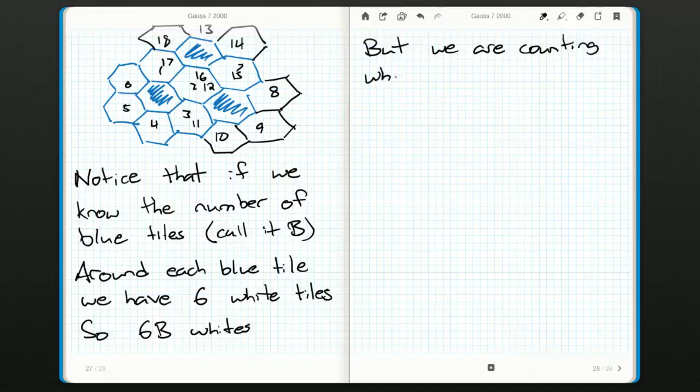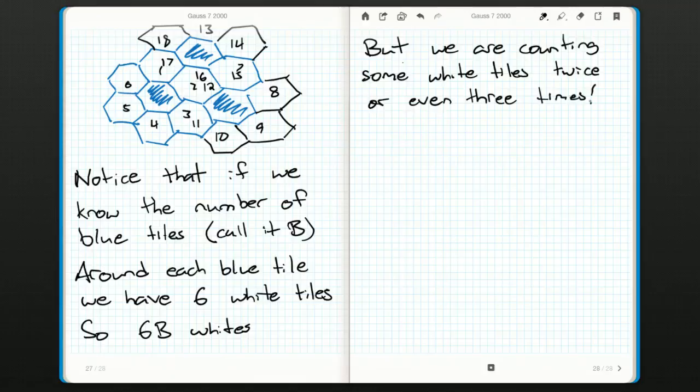But we are counting some white tiles more than once. In fact, it'll turn out that it's all white tiles. That's the problem. We need to eliminate this double counting.